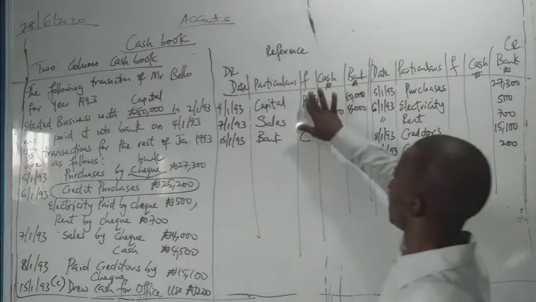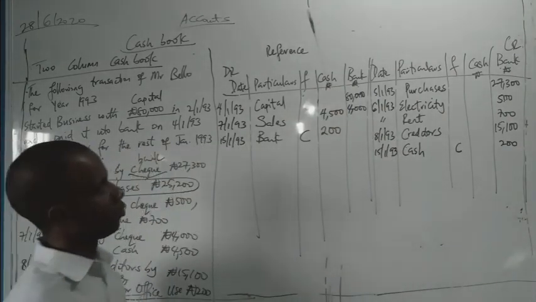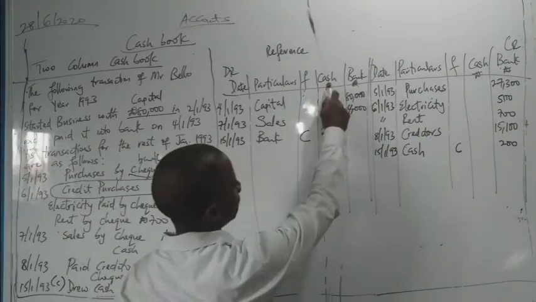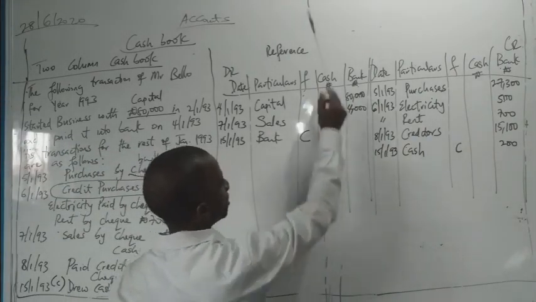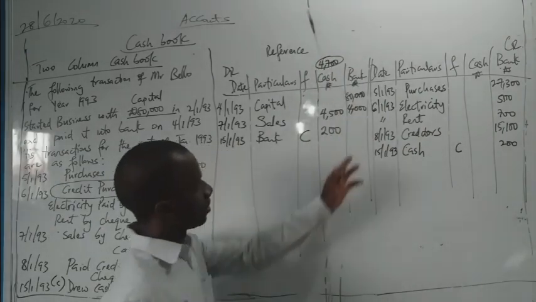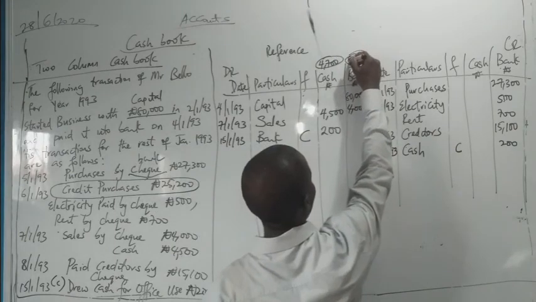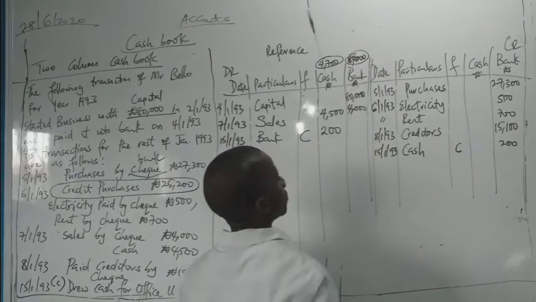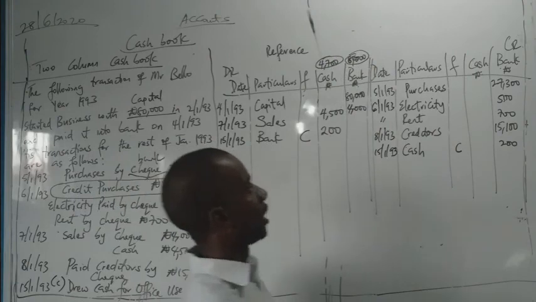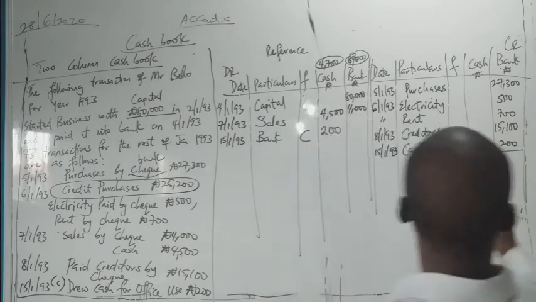Now let's record and balance all our accounts. We will start from the cash column. This plus this will give you 4,700. This plus this will give you 84,000. We will now go to this place. There's nothing here in the cash column. Then this place here, we are going to record that.